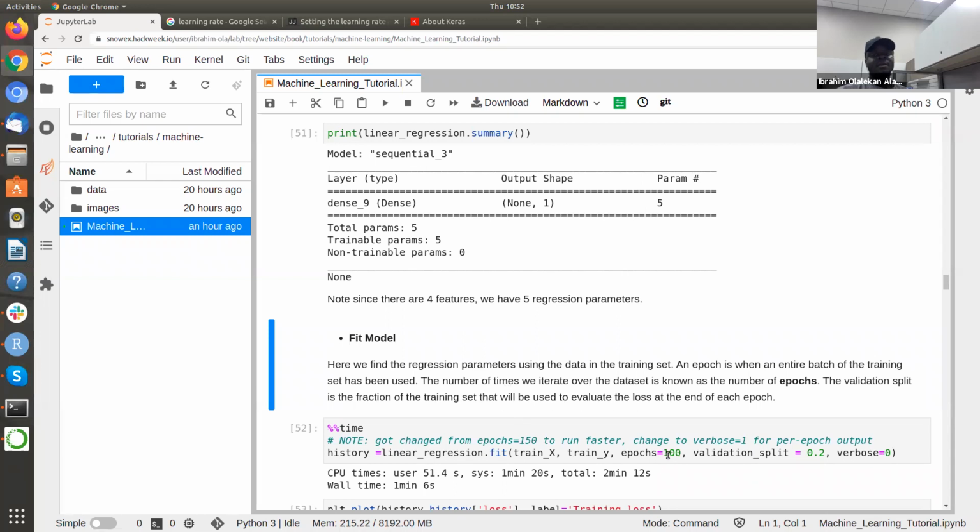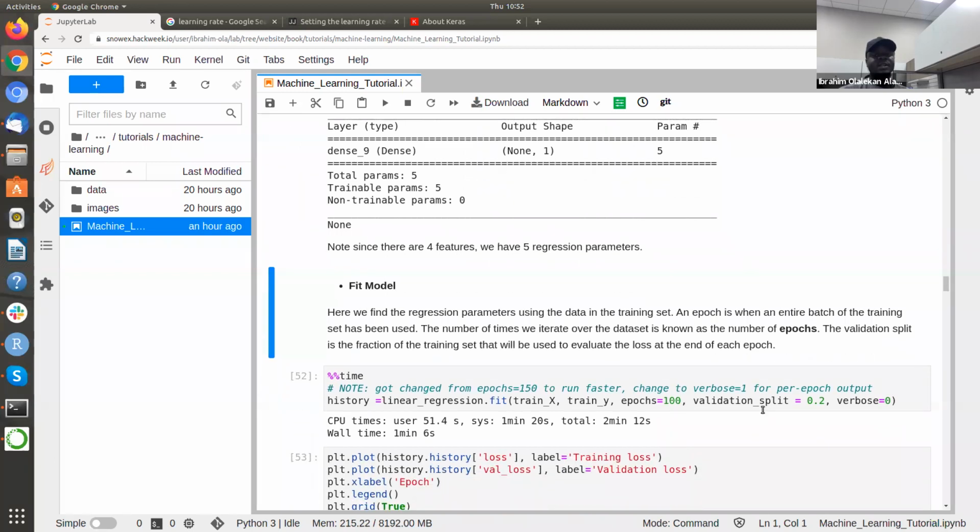And here we have 100 epochs. It doesn't mean this is the best. This is also a hyperparameter that is not constant. It's problem dependent. For some problems, 20 epochs is okay, but here I'm using 100. So you use the one that works best for your model.